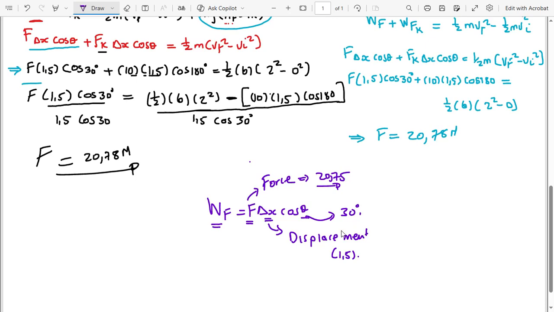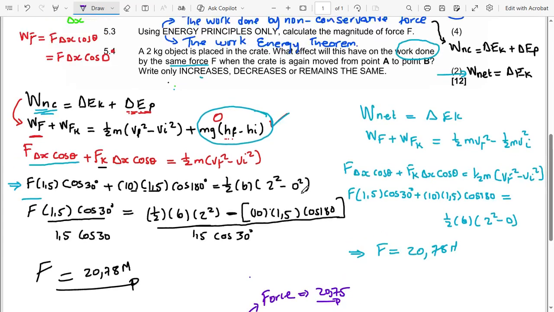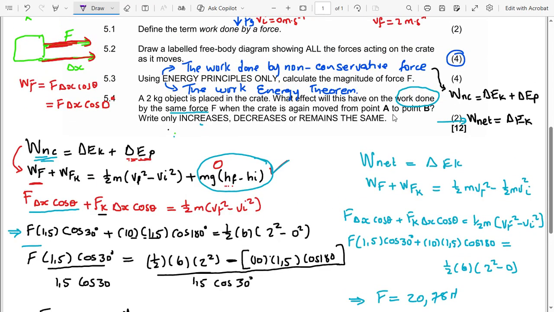By adding the 2 kg block, this does not change any of these magnitudes. Therefore, the work done by the force does not change, so the correct answer is that it remains the same. They don't even need a reason for that.